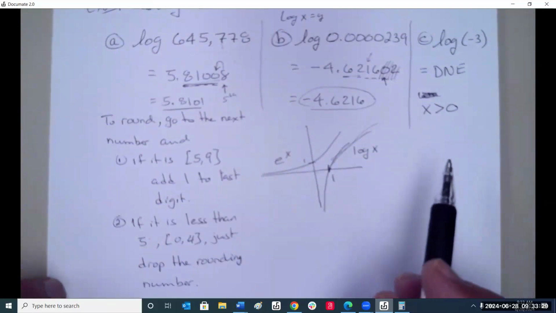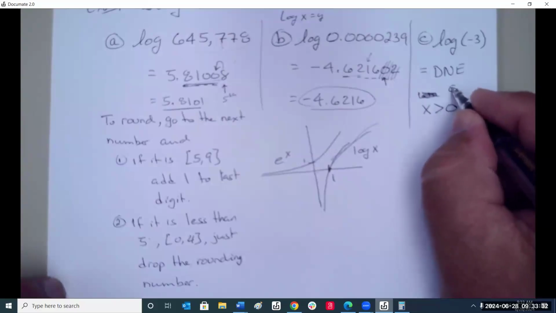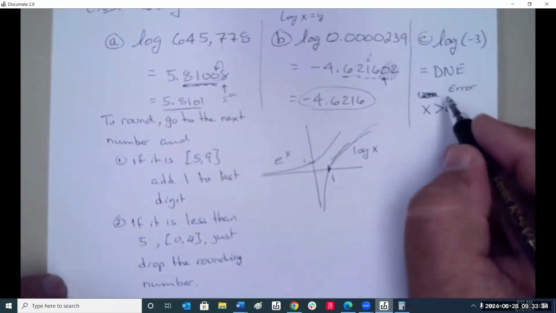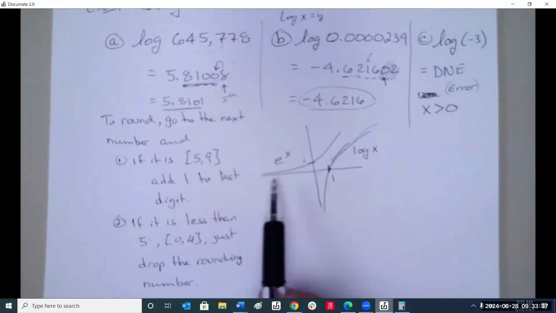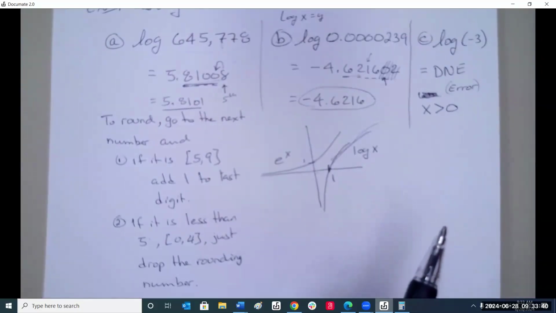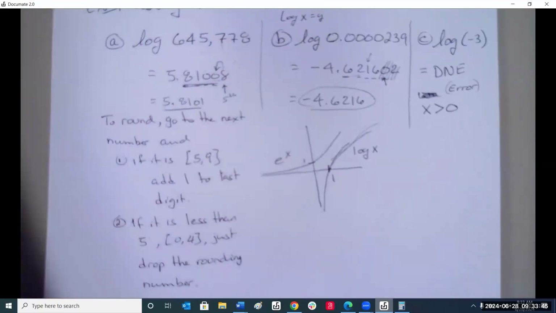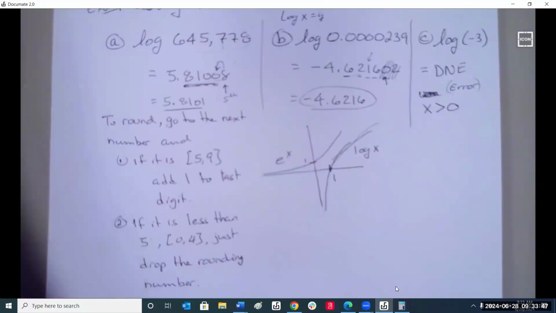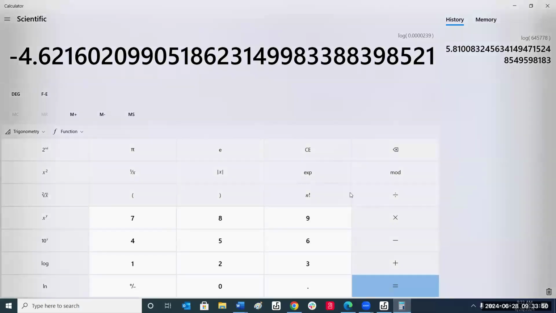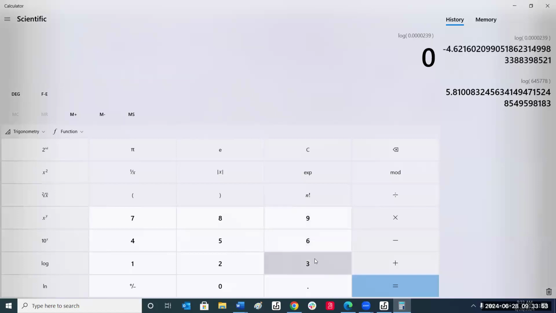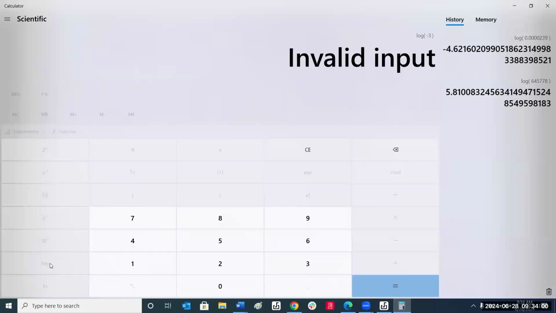So the calculator is going to say error. What it means is the answer doesn't exist because it's not in the domain. There's an invalid input error because we cannot have x being 0 or negative.